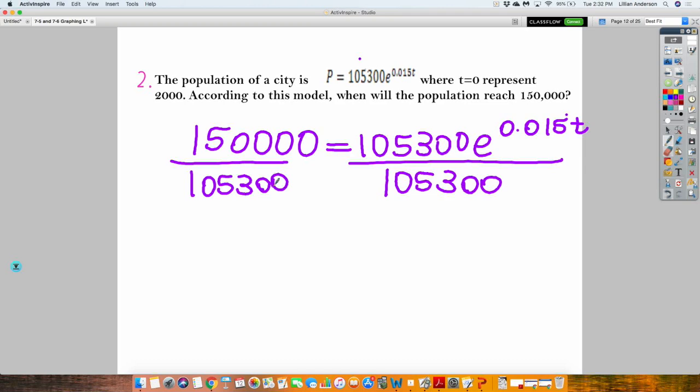Now, the one thing you do not want to do is round that decimal and then continue to solve this problem, because you're just going to get further and further away from the most accurate answer. So I'm going to do a lot written before we actually go to our calculator. Now I have this number equals e to the 0.015t. What do I do at this point?